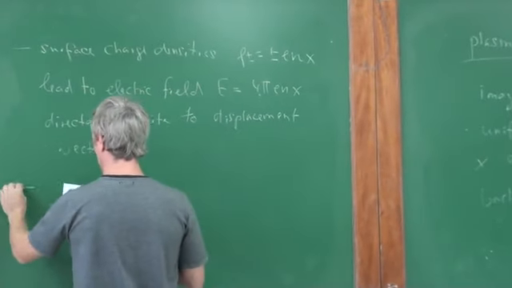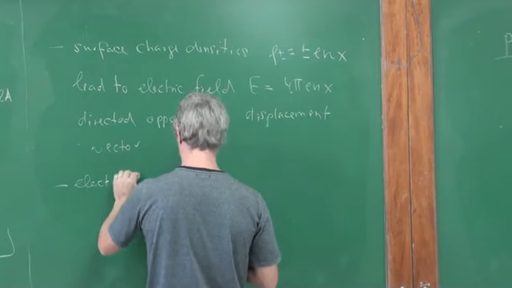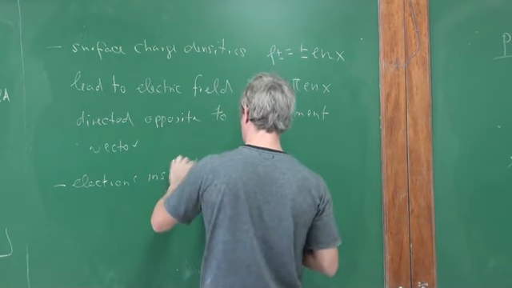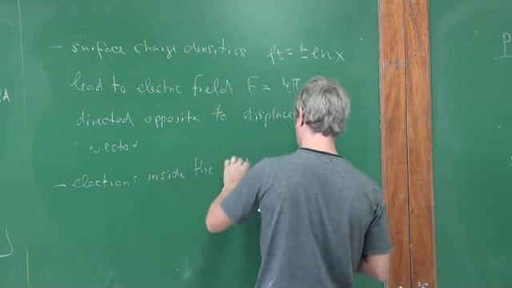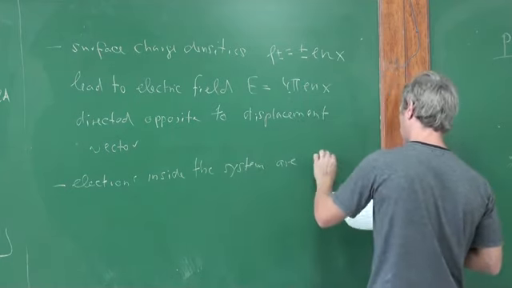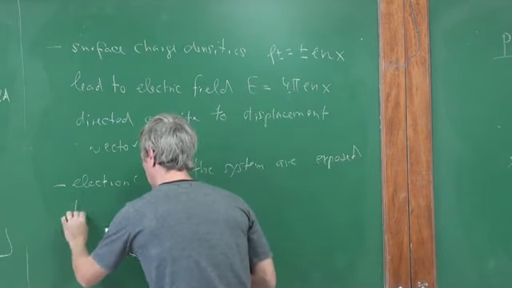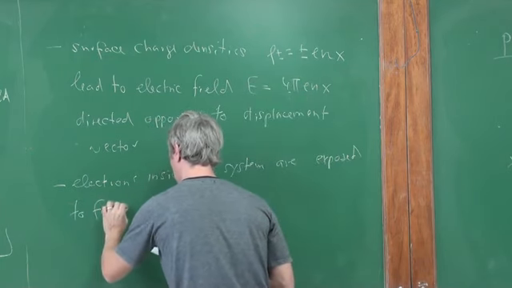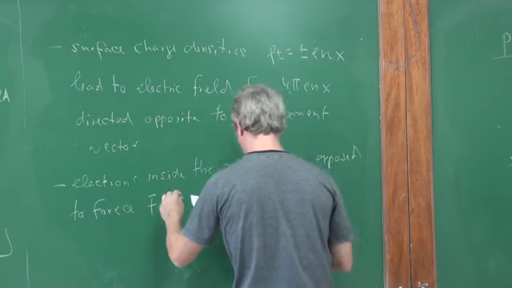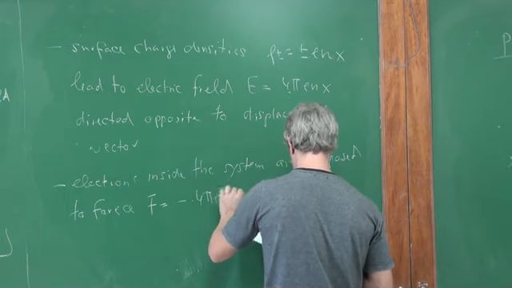So this means then that the electrons inside the wire, inside the system, in the bulk, will feel a force. They are exposed to the corresponding force, minus 4π n e² x.